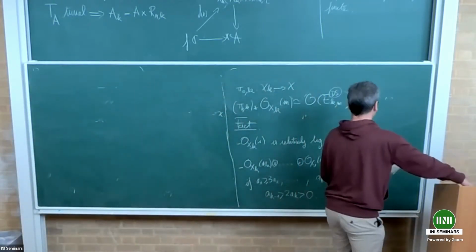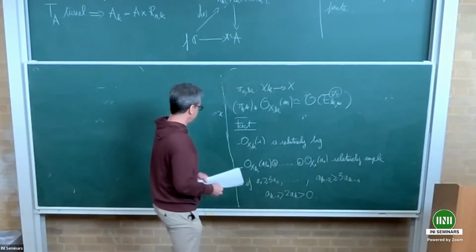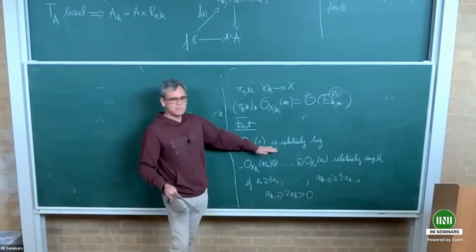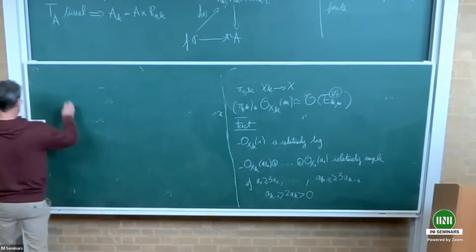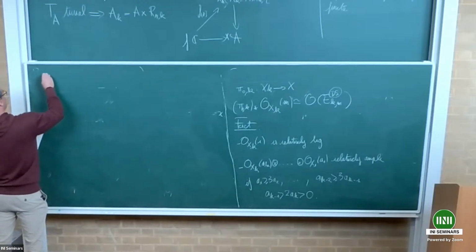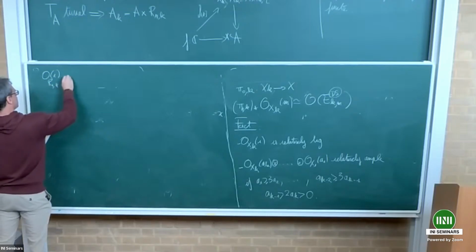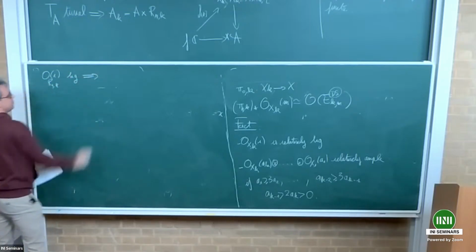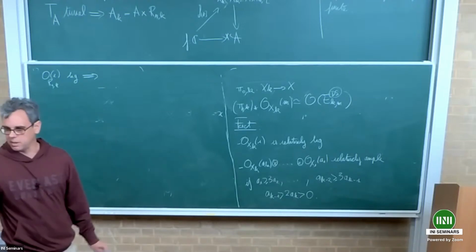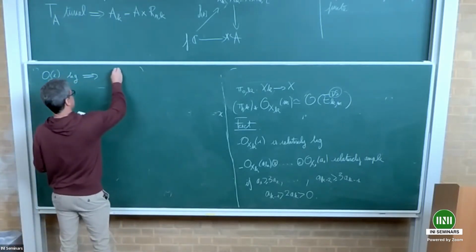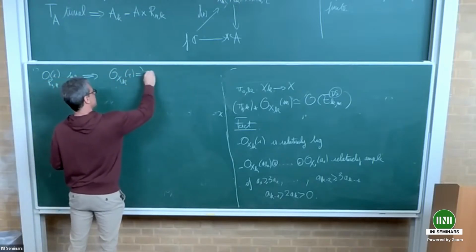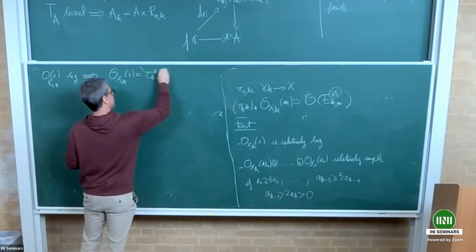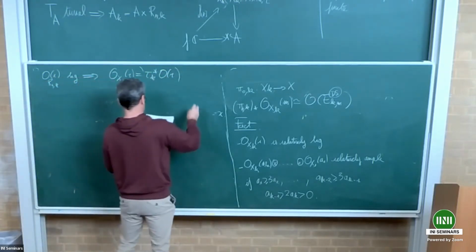This is relatively big; it exactly means that O(1) on R_{n,k} is big. Now you pull back by a generically finite map, and it's still big. So you obtain that O_{X_k}(1), which is nothing else than the pullback of this, is big.